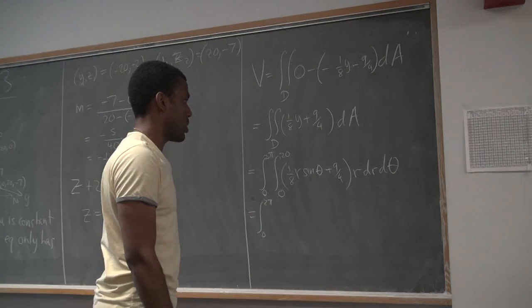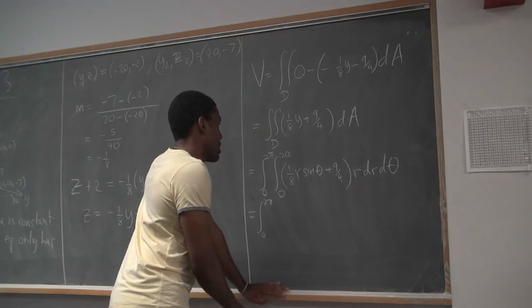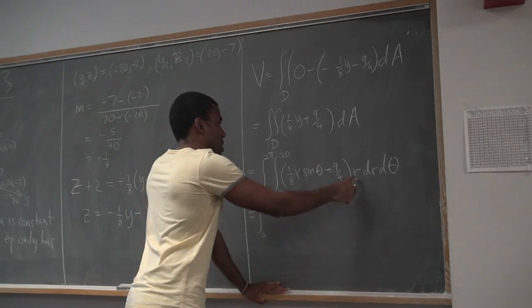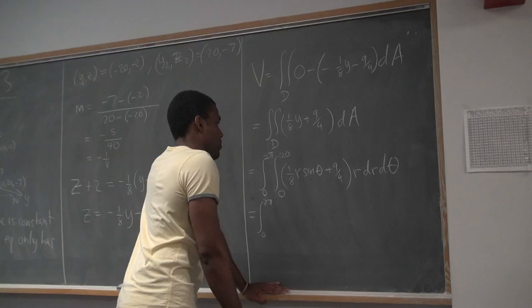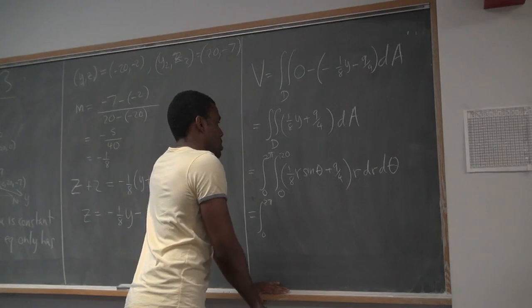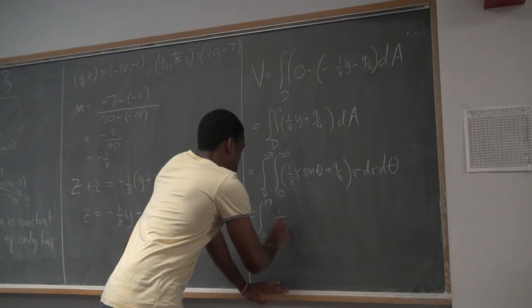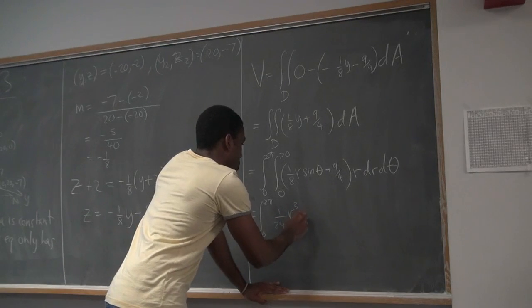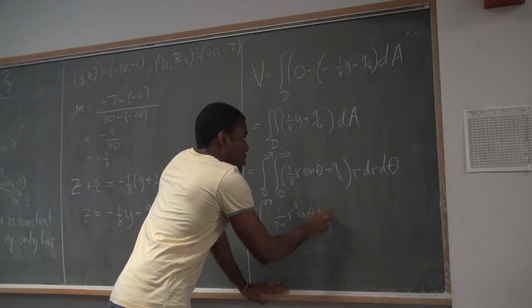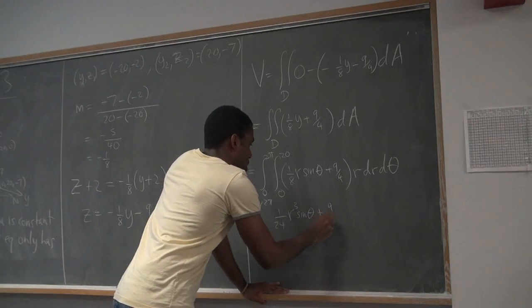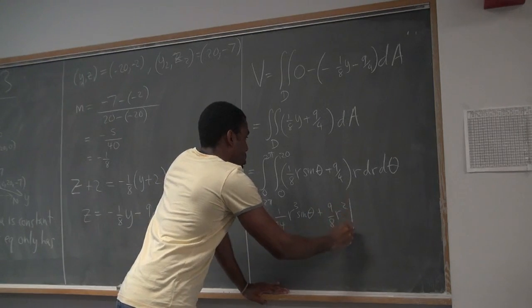So I'm just going to have to do the integral the regular way. We're going to integrate with respect to r first. So this is really 1 over 24 r cubed sine theta plus 9 over 8 r squared.